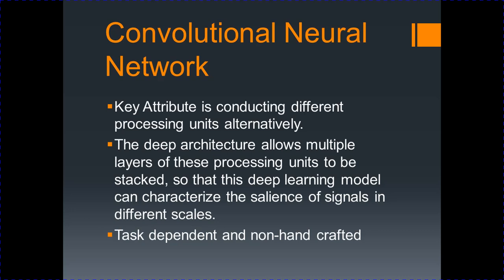The input for this model is a time series signal which is collected from the accelerometer or gyroscope applications that are built on our Android phones. And these convolutional neural network models are task dependent, so they can extract the salient features of an activity.